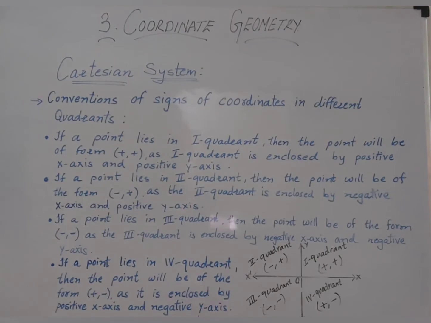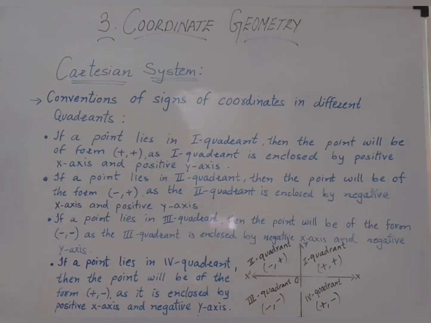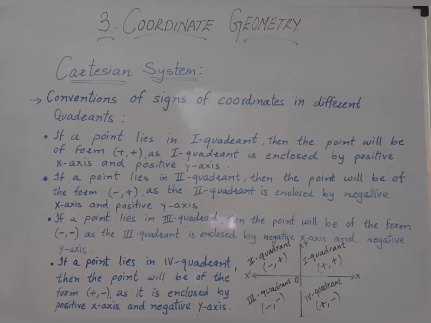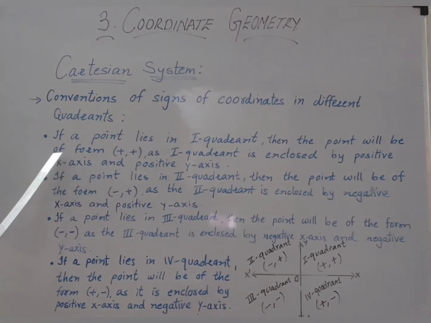Now, if a given point lies in any one of these 4 quadrants, what is the possible sign of the coordinates? First, if a point lies in first quadrant, then the point will be of the form (+, +), as first quadrant is enclosed by positive x-axis and positive y-axis.